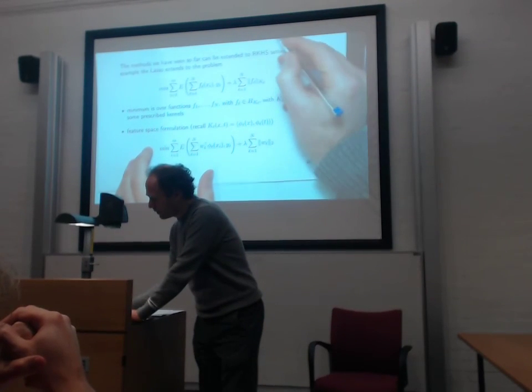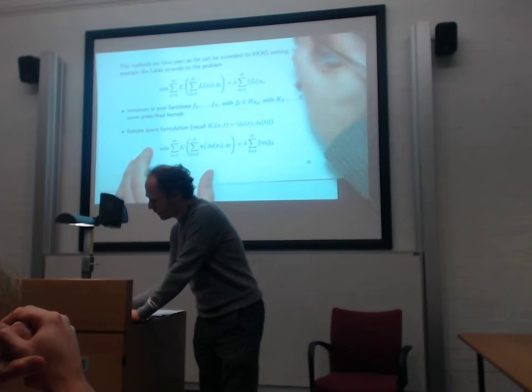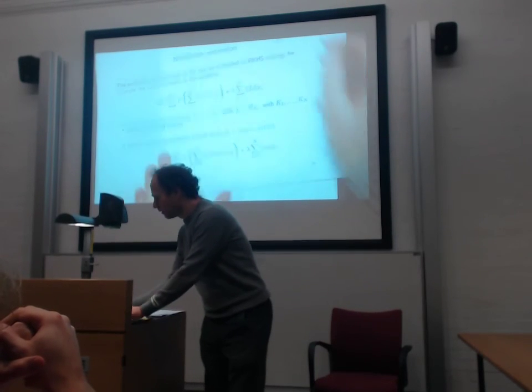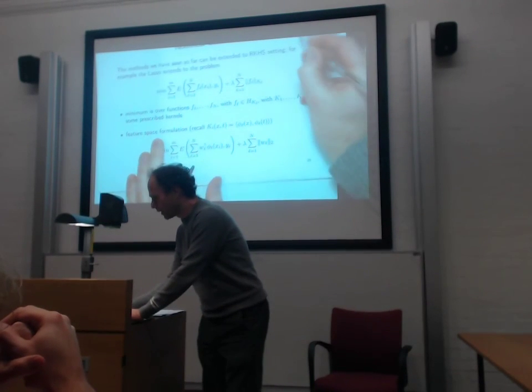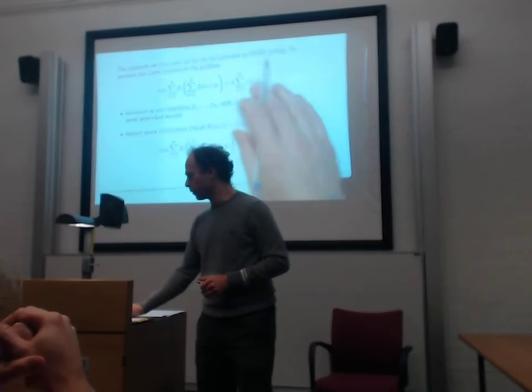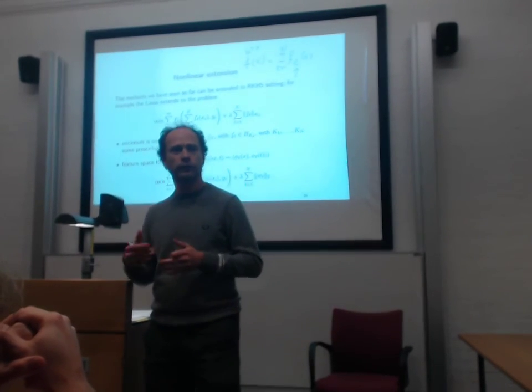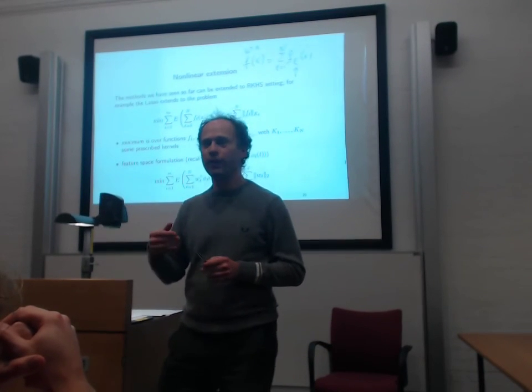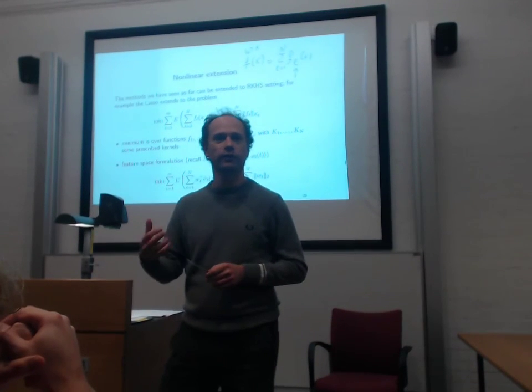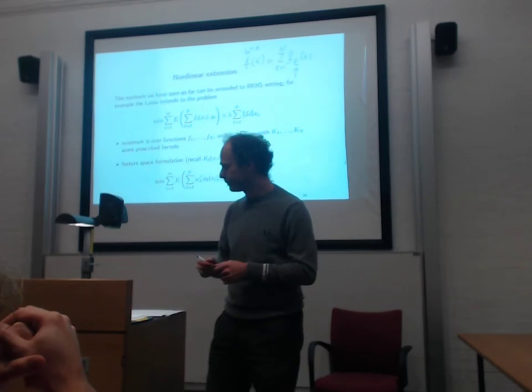Now I say that it is a sum of functions, say n equals 1 to N. Now these functions are unknown, and the problem is non-parametric, because I don't give a parametric representation of my function, but I give a function representation.